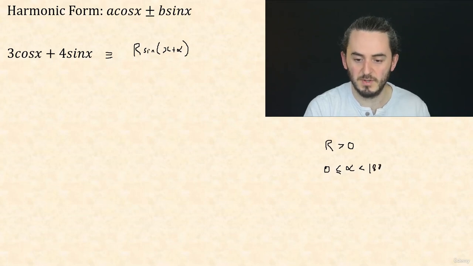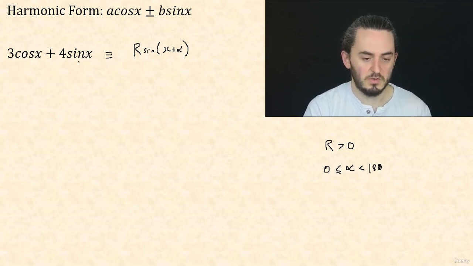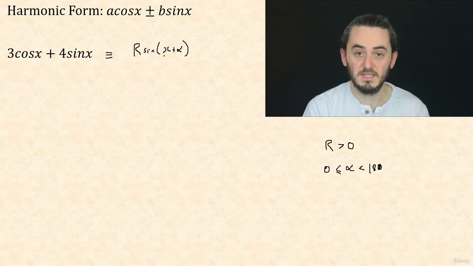I'm going to do this in degrees, by the way, now, but of course we could do it in radians as well. All right, so here's how this works. We start off by expanding this using our addition formula.